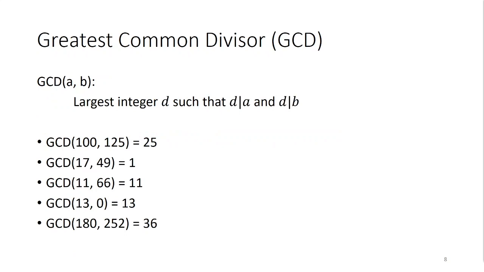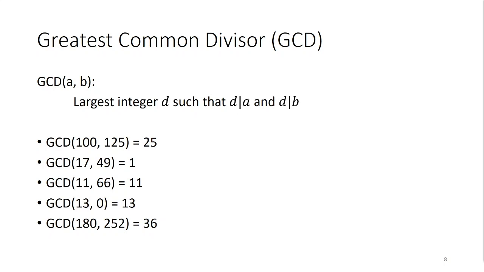Using that, we can find the greatest common divisor of two integers. What is that? If there are two integers a and b, we can find the largest integer d such that d is a divisor of a and d is a divisor of b.